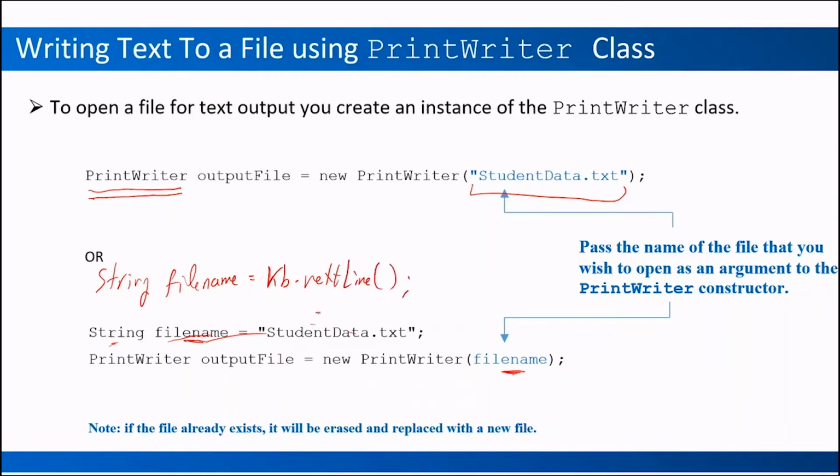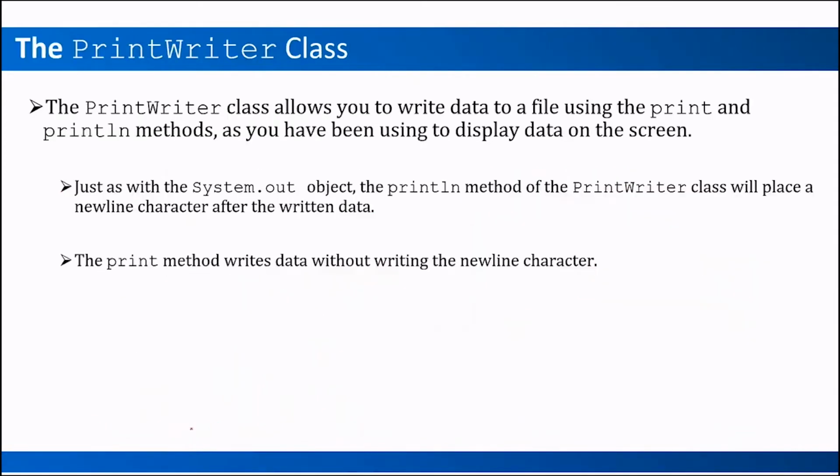In that case, that file name could go here as whatever the user is going to input. So that's very flexible. Any variable, or reference variable for a string, could be passed as an argument to the PrintWriter.